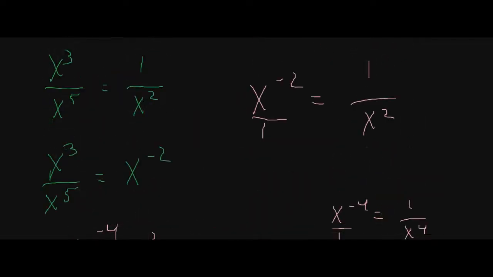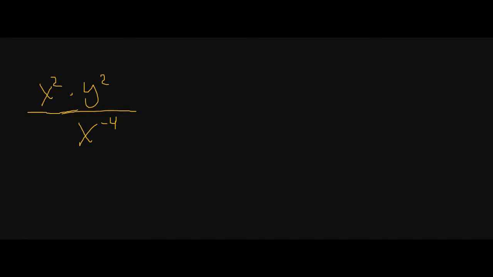Now, similarly, if I gave you a problem, let's just say y squared divided by x to the negative fourth, and then we have x squared up here. Well, this is the exact same thing. Just like before, when we had x to the negative 2, this is the same as 1 over x squared.